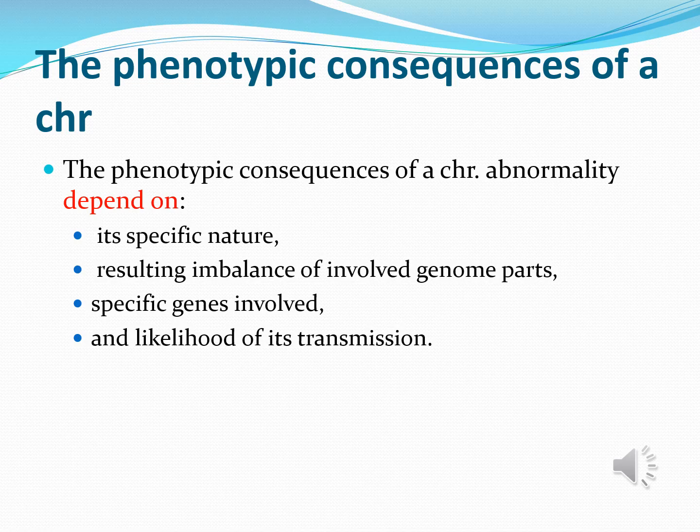First, its specific nature, deletion versus translocation versus trisomy. Second, the resulting imbalance of involved genome parts, how many genes are gained or lost. Third, specific genes involved. Some genes are dosage sensitive. Fourth, the likelihood of its transmission, whether the abnormality is inherited or de novo. These factors guide genetic counseling. Always remember, unbalanced karyotypes almost always cause abnormal phenotypes.